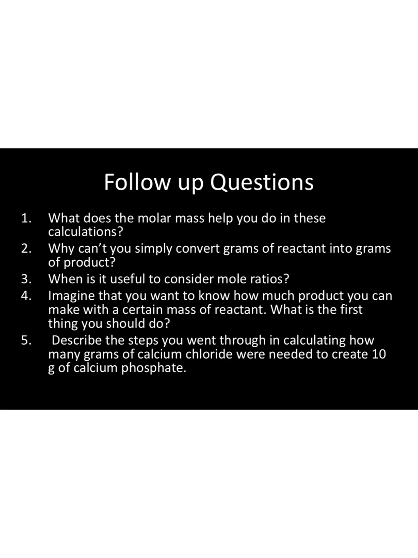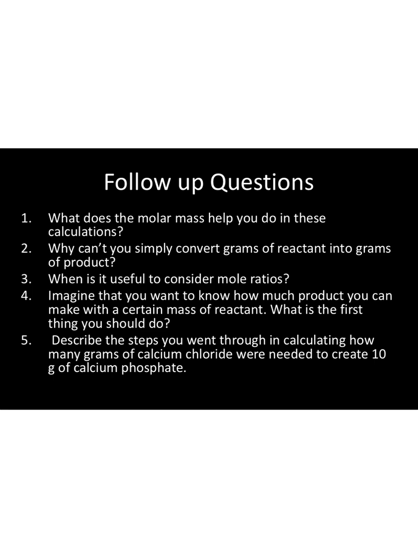And then the next step would be to convert to the moles of the other substance you're trying to learn about. You're going to use the mole ratio to do that. Last step is going to be to convert from moles of the product that you're interested in into the grams of the product using the molar mass for that specific substance.